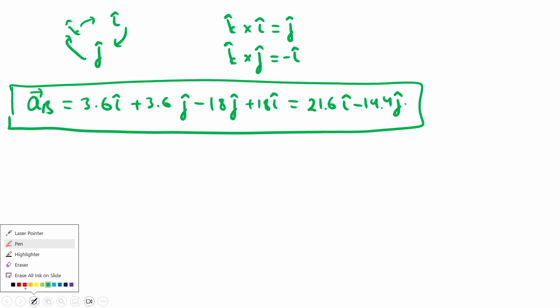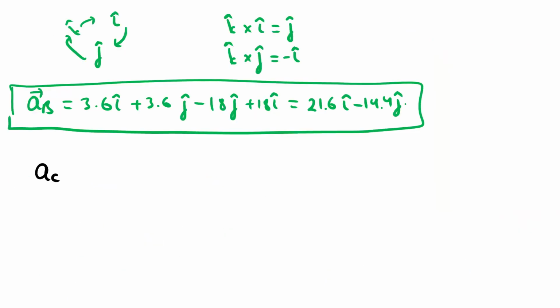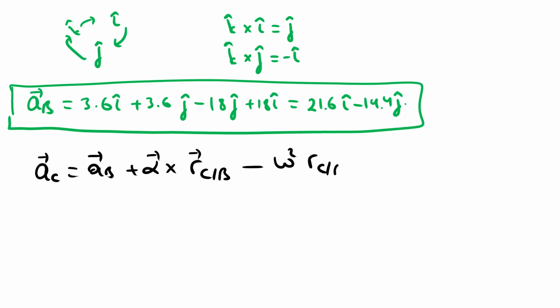Now comes the acceleration of C. Again, we will use the same formula: the acceleration of C will be the acceleration of B plus alpha cross r of C with respect to B, minus omega squared times r of C with respect to B. The first term we have found: exactly 21.6i minus 14.4j.